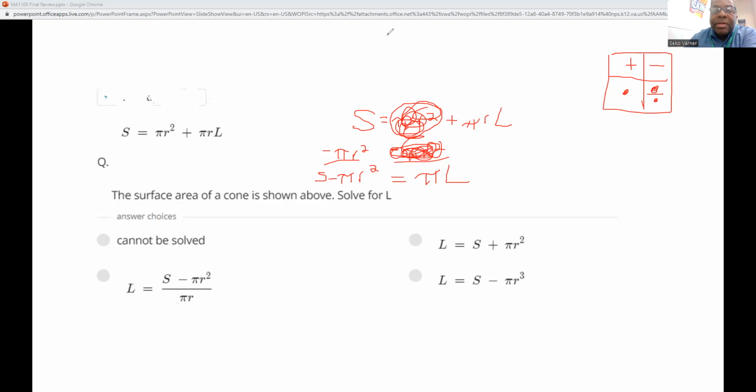So what's the opposite of multiplication? Division. So I'm going to divide by pi on both sides. Hopefully I'm doing this right.